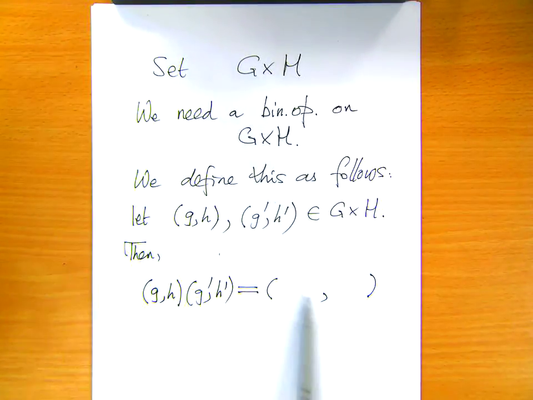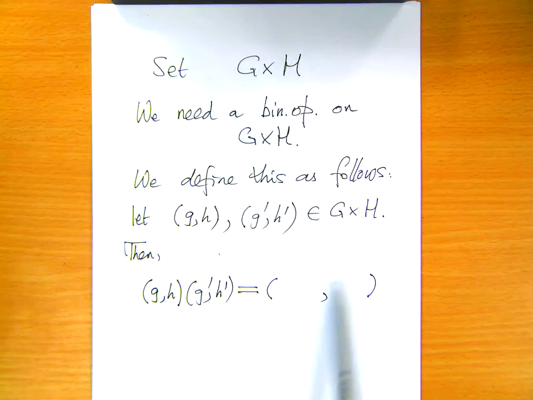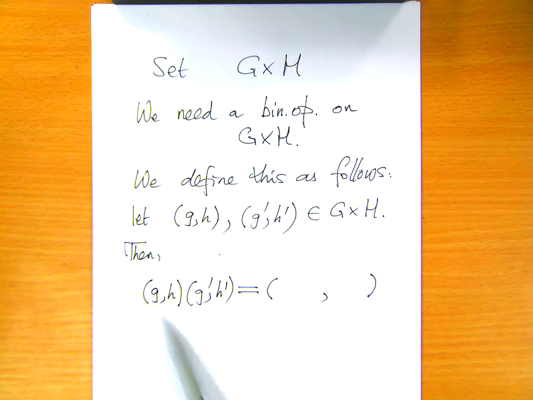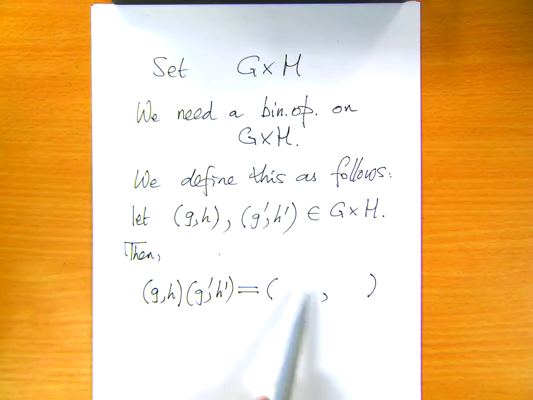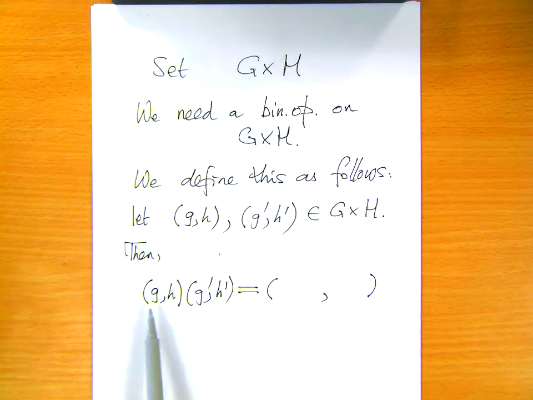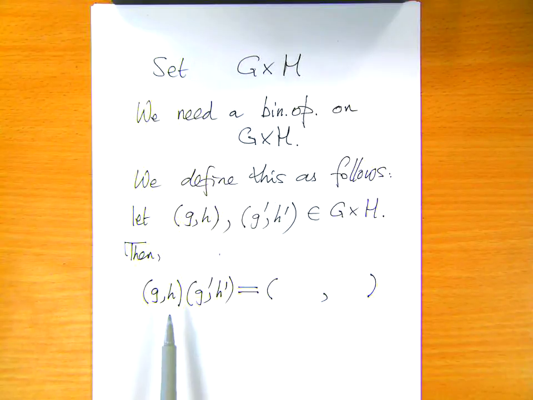Well, the first slot is stuff that lives in big G and the second slot is stuff that lives in big H. So what's the obvious thing to put in the first slot that's cooked up from ingredients on the left-hand side? I can only do stuff to do with G in this first slot, so the only ingredients I can use are g and g prime. And what's the obvious thing to do with g and g prime?